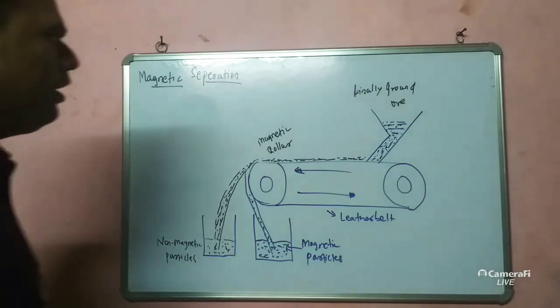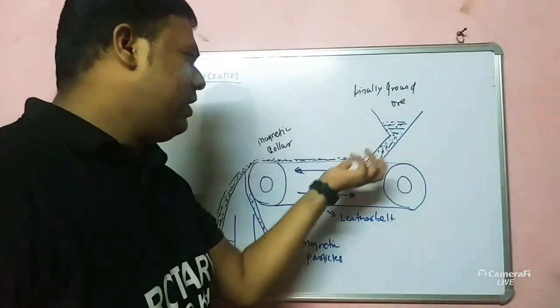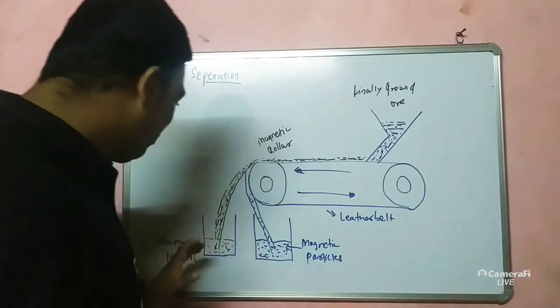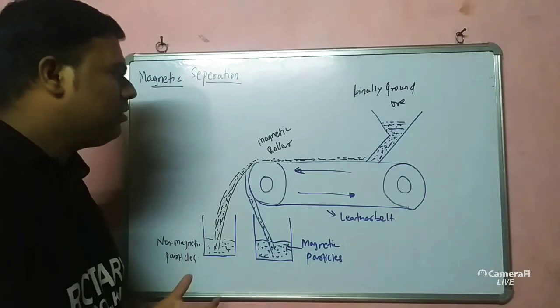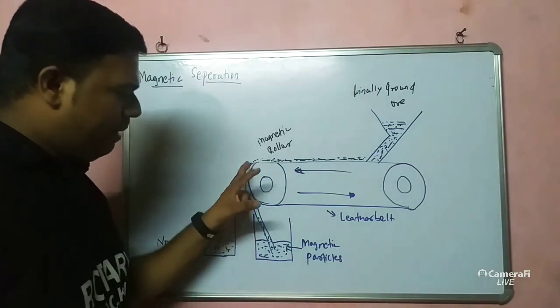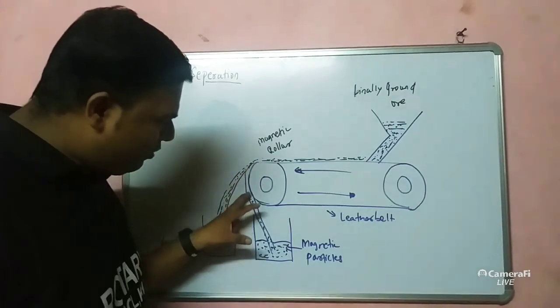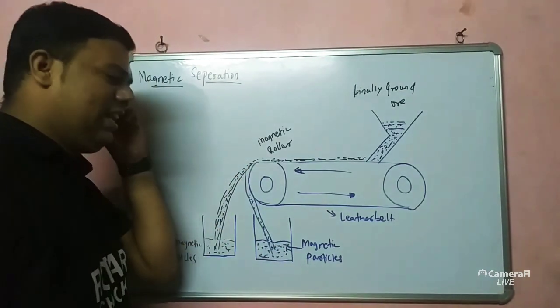If we pass the finely ground ore, the magnetic and non-magnetic particles divide, and the magnetic particles stick to the magnet. I hope you understood this clearly.